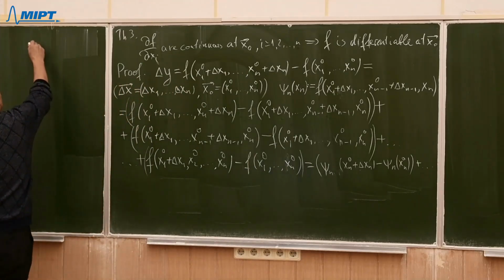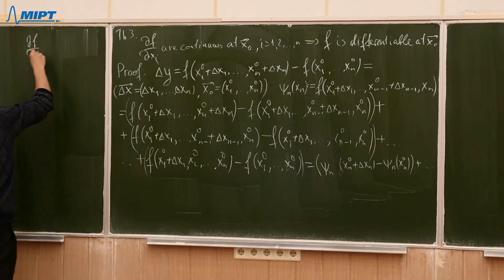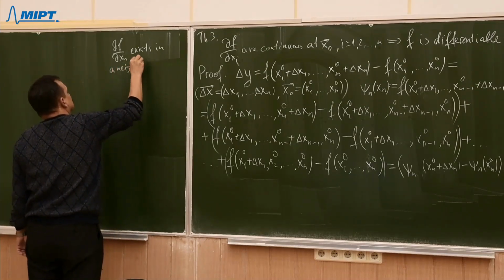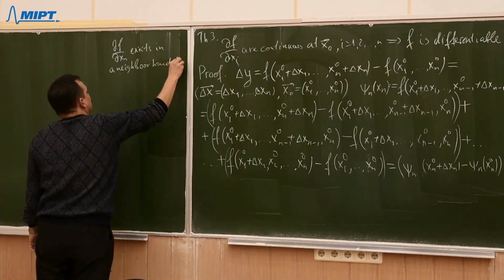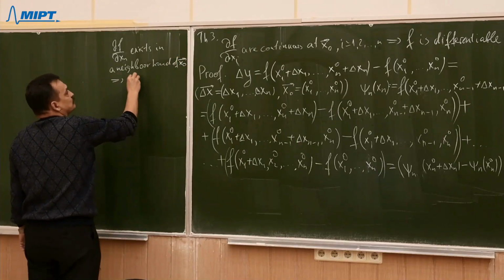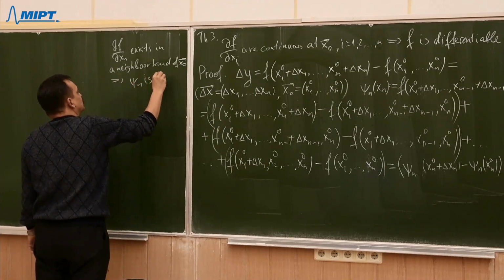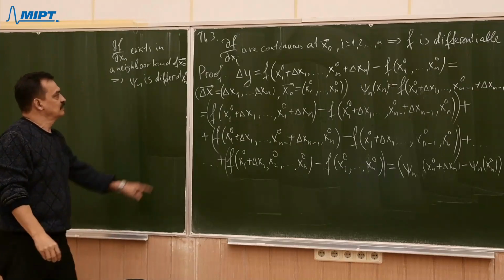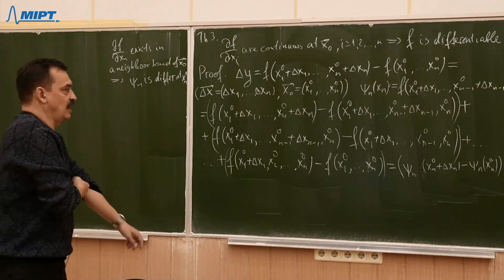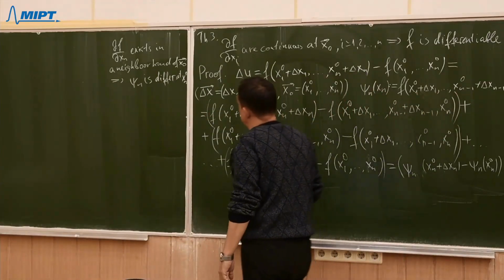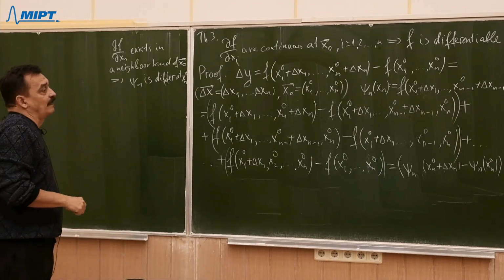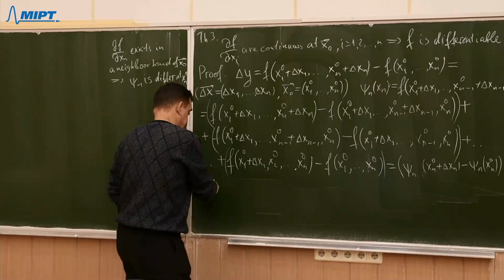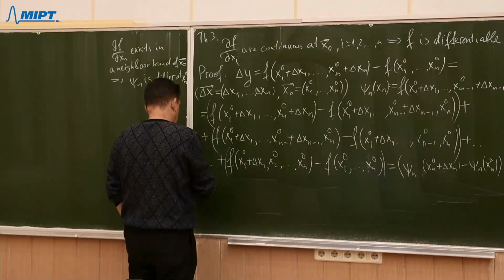So let me write it here: df over dxn exists in the neighborhood of x naught. Hence, psi n is differentiable at xn naught, only as a function of one variable, because all other variables are fixed inside that neighborhood. So the function of one variable is differentiable. Hence, we can apply the Lagrange mean value theorem.